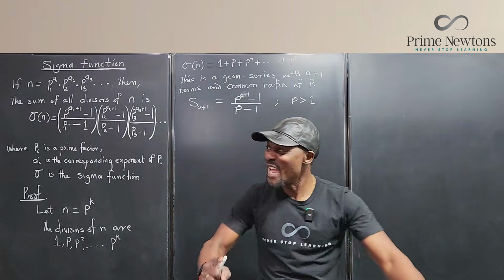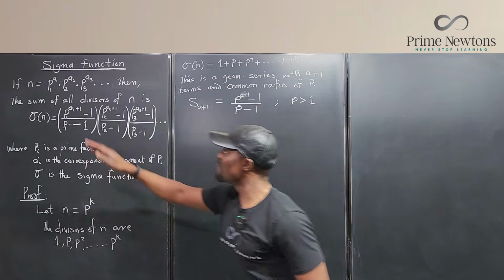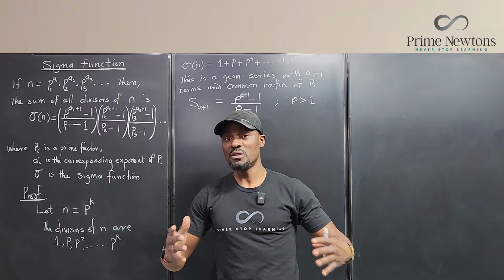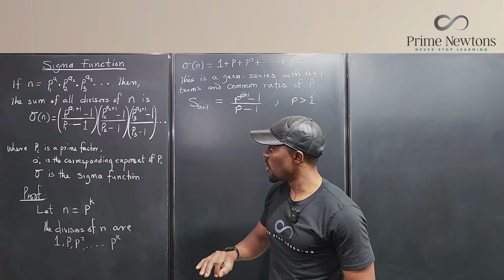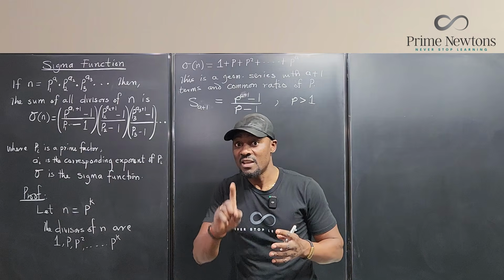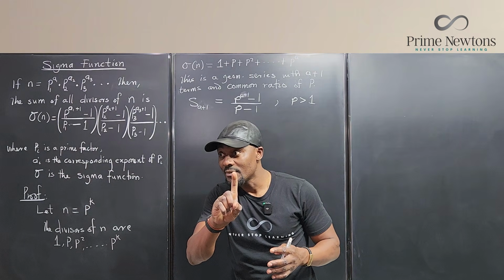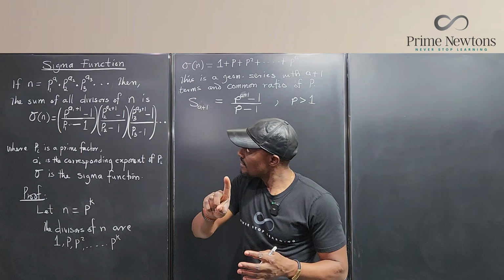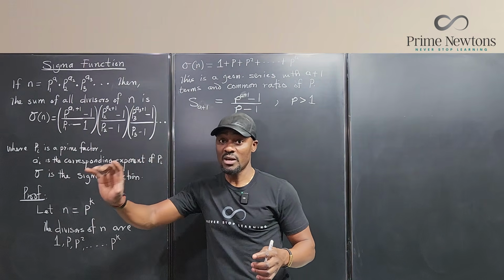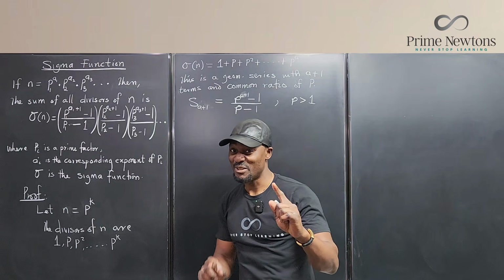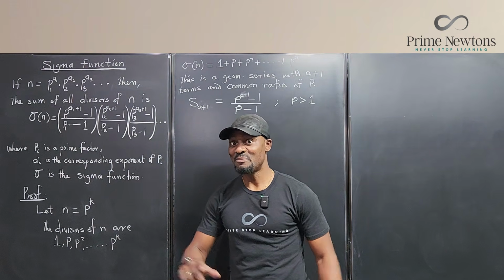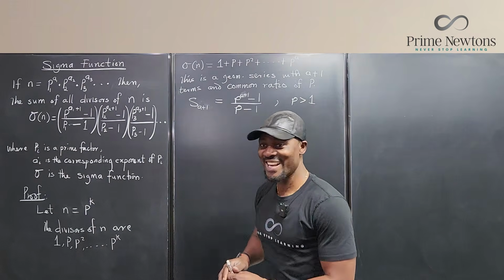The only thing we need to show now is that if you have multiple prime numbers, you can just treat them separately and multiply the answer, which means we want to show that the sigma function has the multiplicative property, that is, the sum of the divisors of the product is the same thing as the product of the sums of the divisors. That's big grammar. Okay, let's put that on the board.